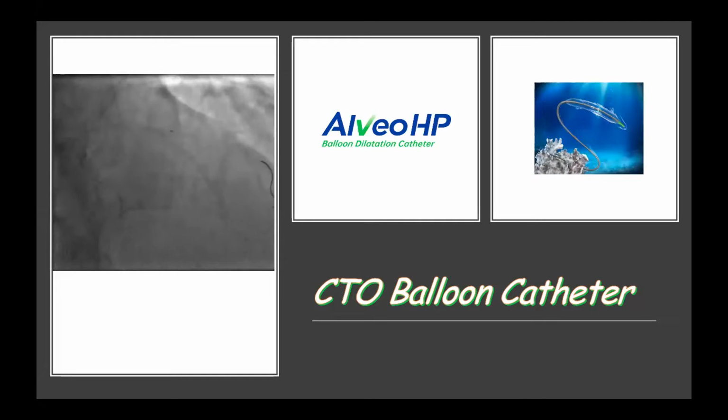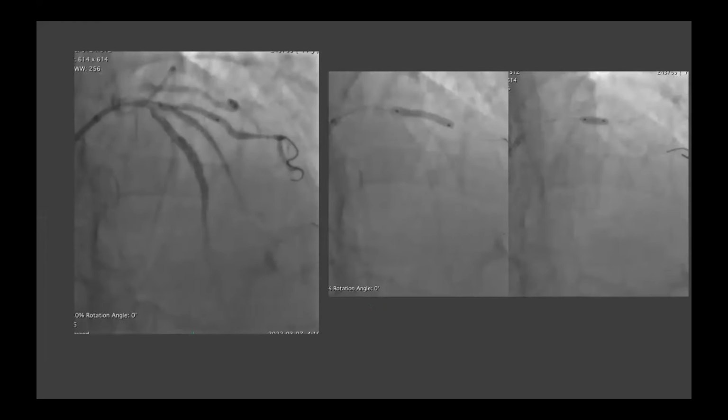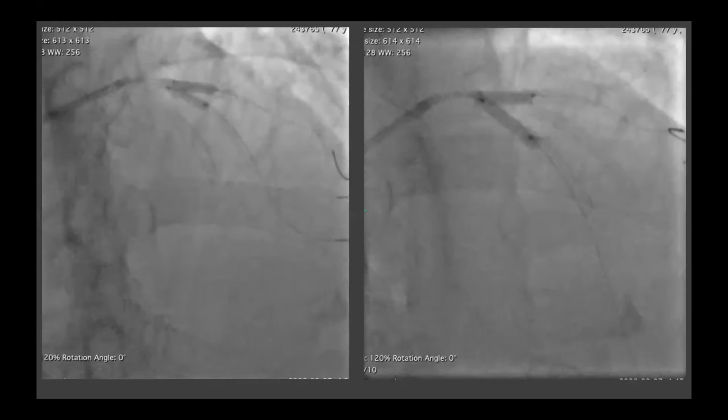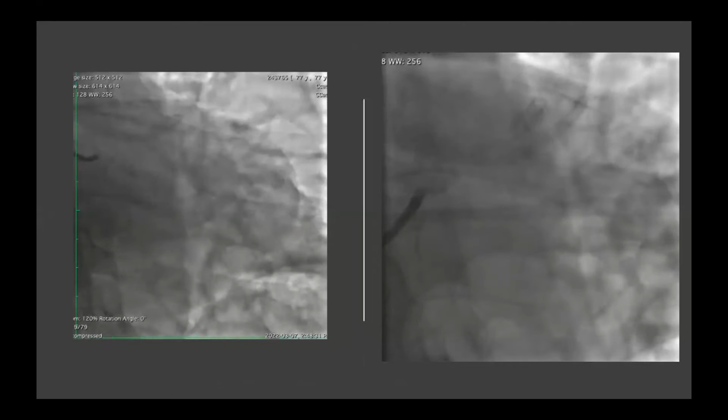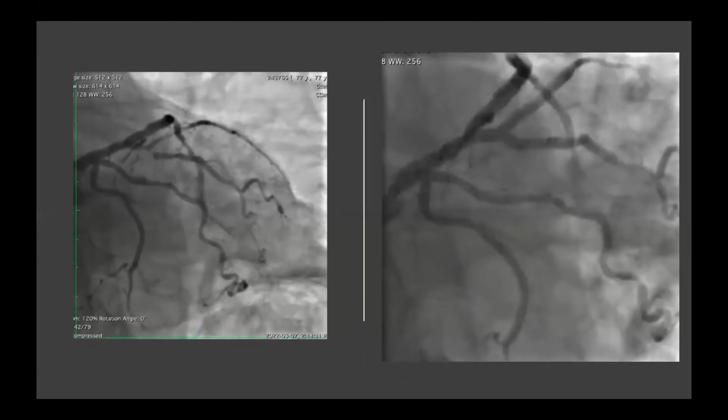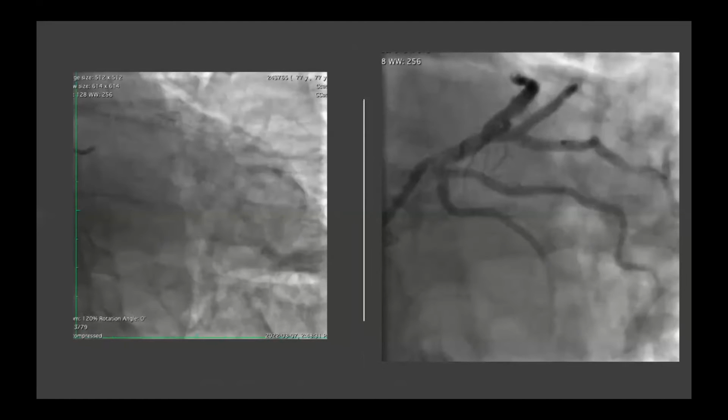However, we can see the smooth passage of the Alveo. After pre-dilatation, we implanted another stent, and the result is excellent. So even in non-CTO cases, this CTO balloon works effectively, and it helps us accomplish and continue the case.